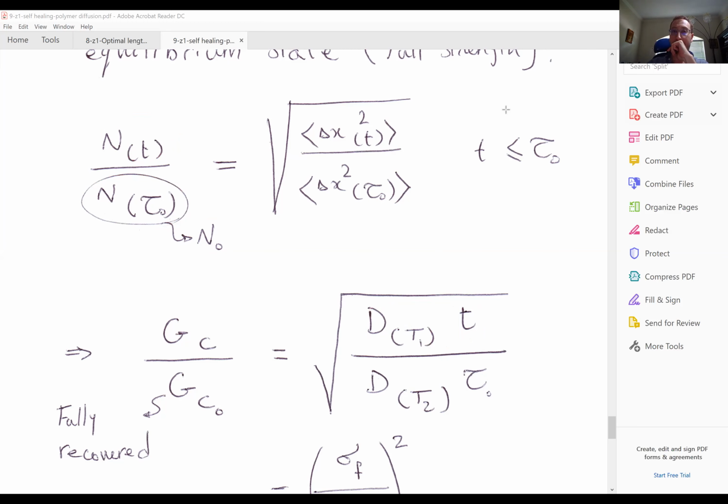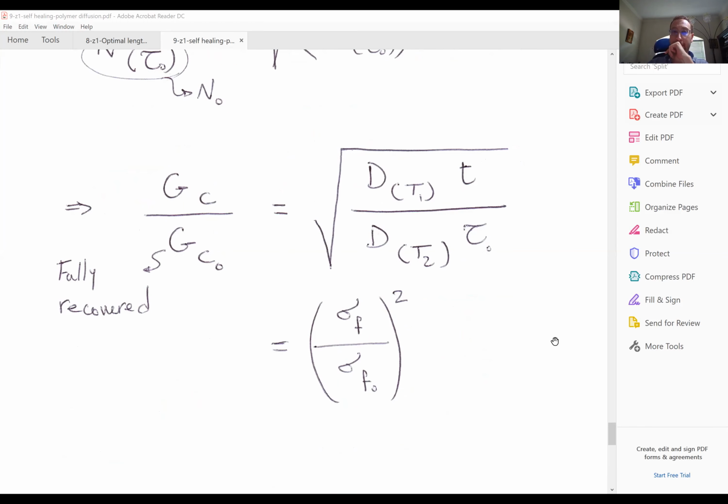Now, from fracture mechanics, we said the ratio of GC is equal to the ratio of strength squared. I hope you remember that. So that allows me to equate this quantity with this quantity.